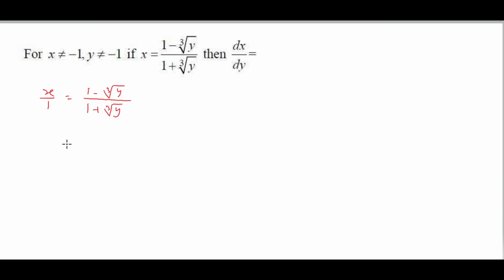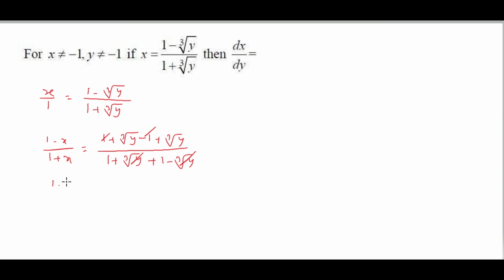Now we are applying componendo dividendo, that is (1 minus x) by (1 plus x) is equal to (1 plus cube root of y minus 1 plus cube root of y) by (1 plus cube root of y plus 1 minus cube root of y). So the cube root of y cancels, 1 cancels.